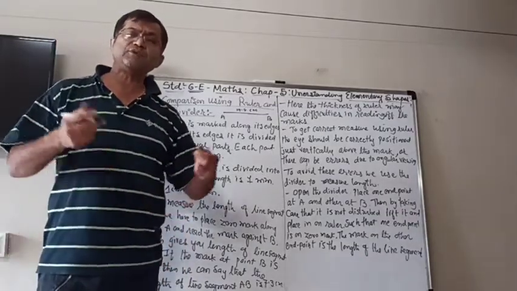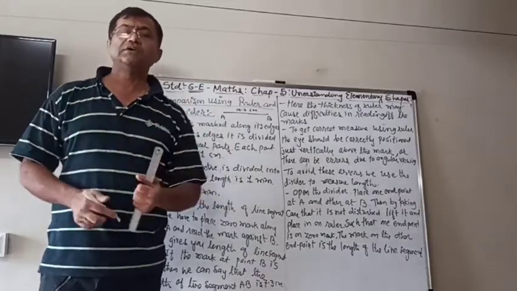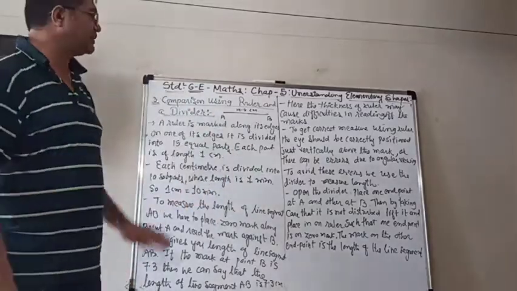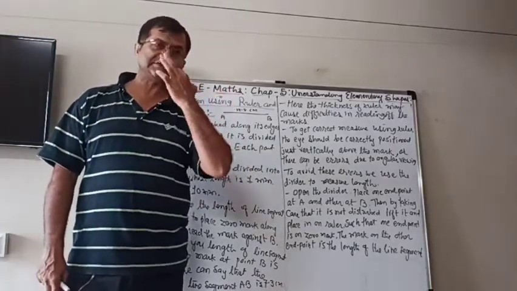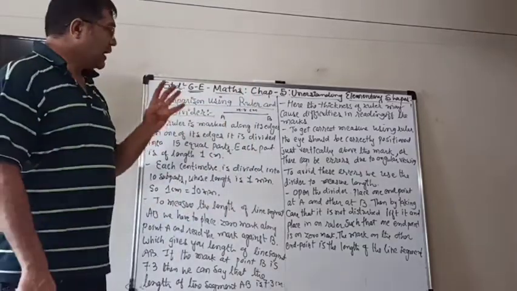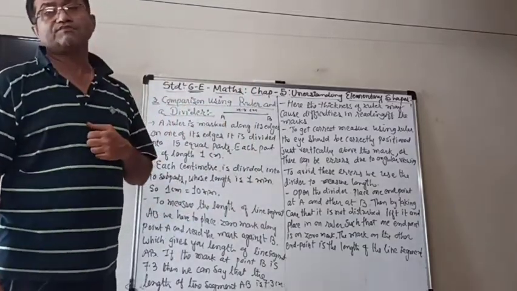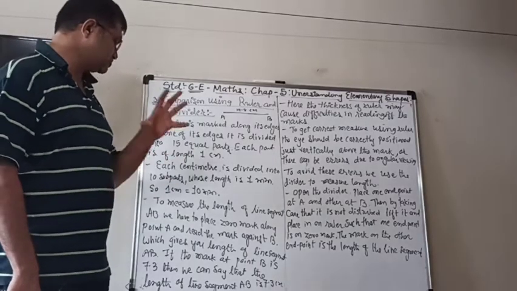Similarly, if you want to compare, you can use the same thing to read another measurement, and then you can compare which line segment is longer or shorter. Now, there is another thing also in this situation.